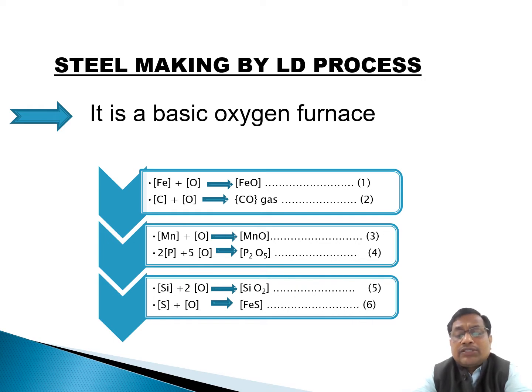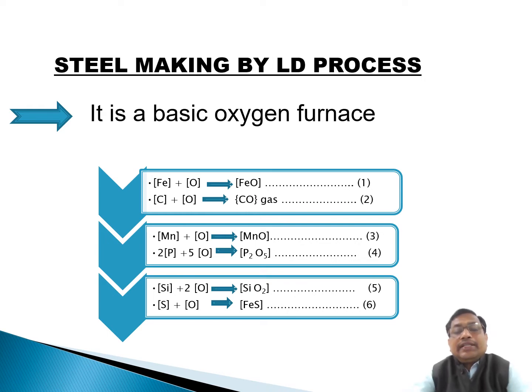Whenever we are supplying oxygen, one thing may come to your mind: iron is there in the pig iron, so definitely iron will get oxidized. It's right, some amount of iron will get oxidized to FeO. The second question may be, what will happen to this FeO?